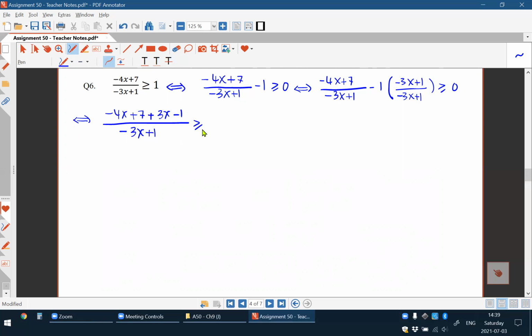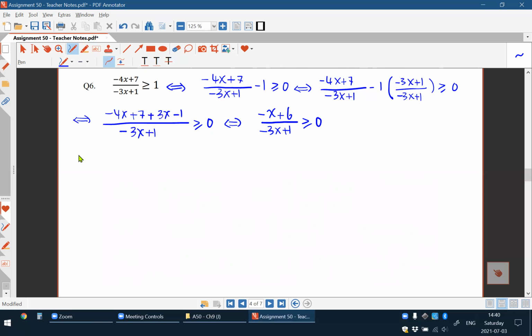And this is above or equal to 0, right? And let's try to simplify the numerator, which is minus x plus 6 over -3x plus 1 above or equal to 0.